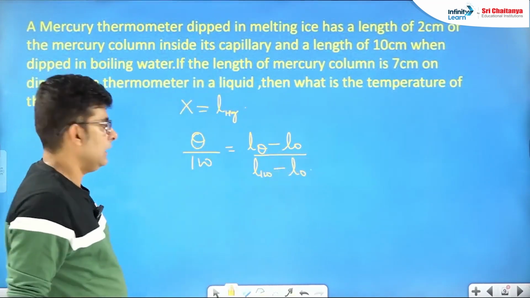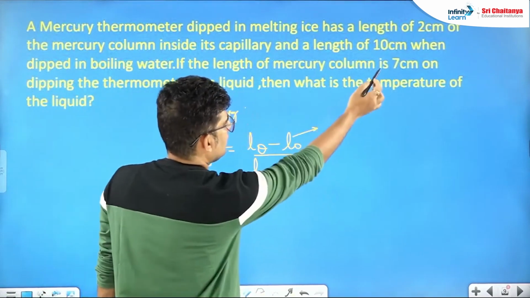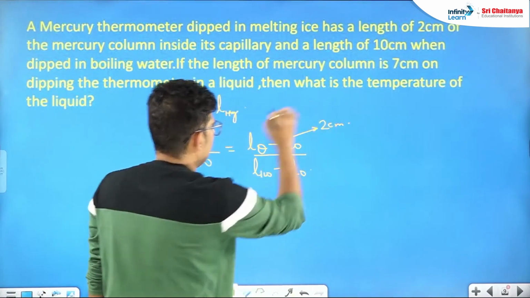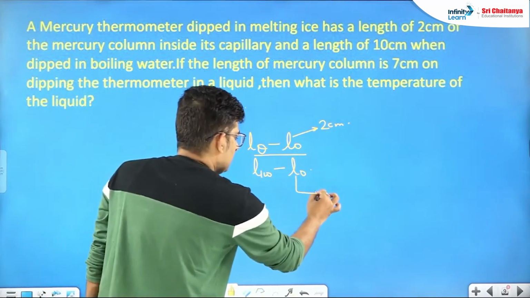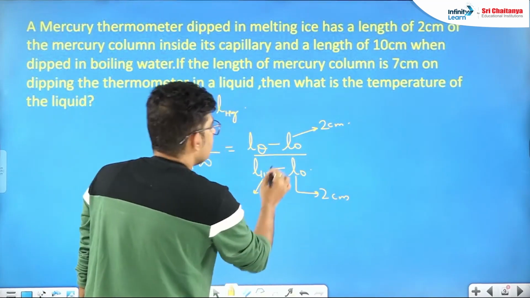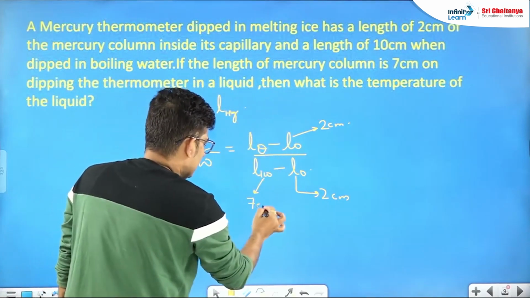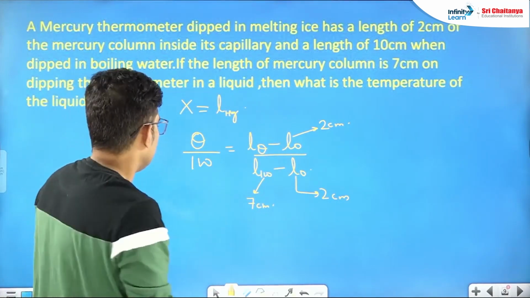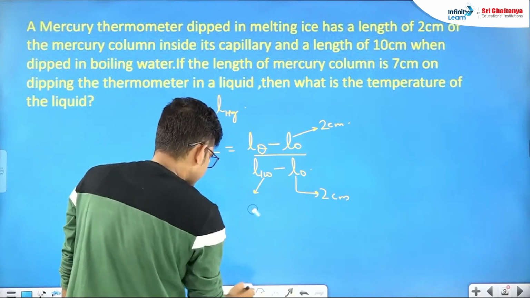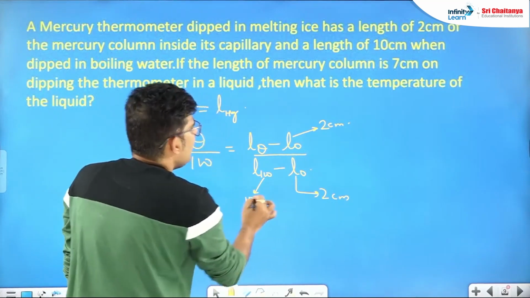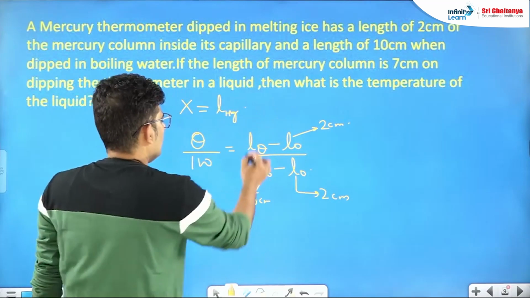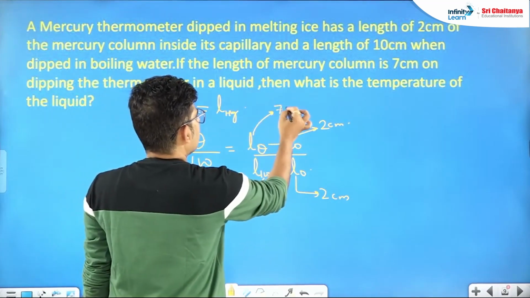Now here at 0 degree Celsius the length is given as 2 centimeter. At 100 degree Celsius in boiling water its length is, I'm sorry, 10 centimeter, not 7, 10 centimeter. And in a liquid whose temperature is to be found, it is given as 7 centimeter.